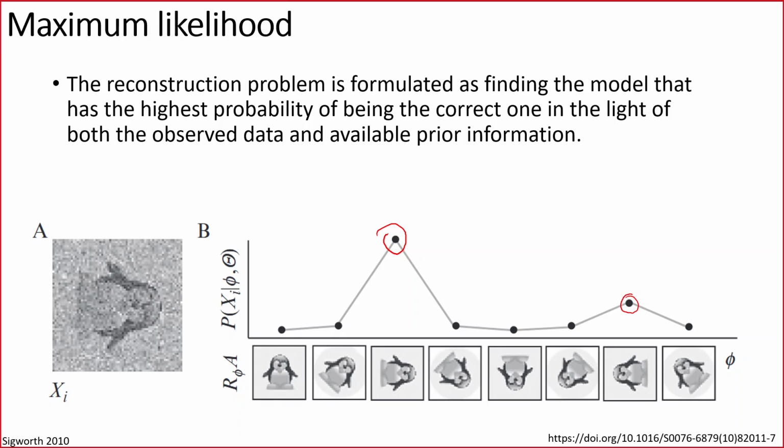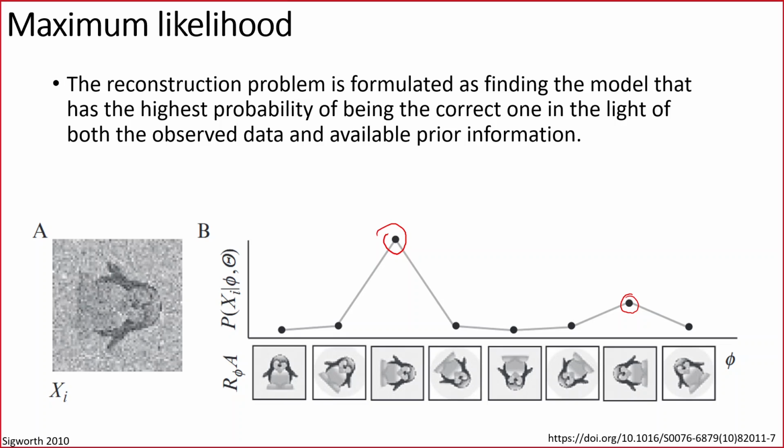And this is very important here, that we are not selecting just a single orientation of our model that is the correct. We are selecting all the probabilities of which orientation of our penguin is how probable representing the correct orientation of the penguin.